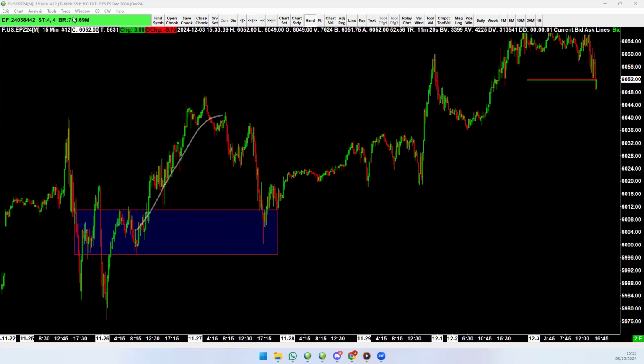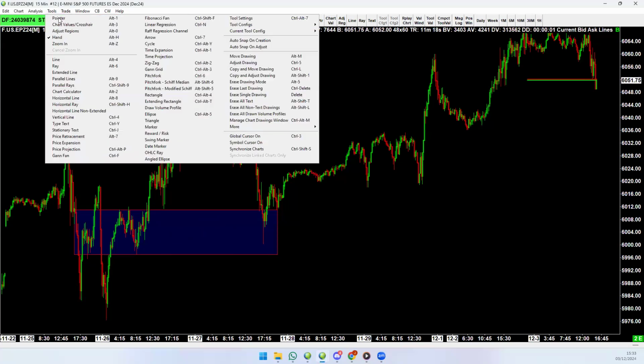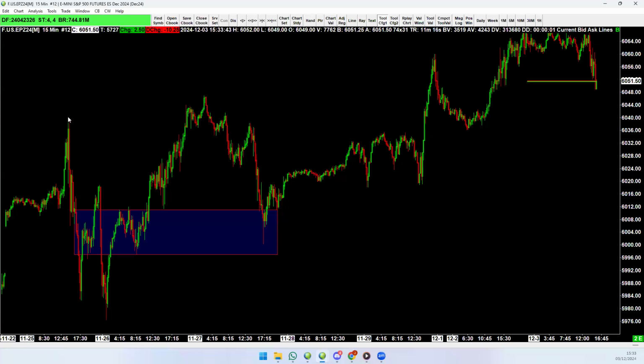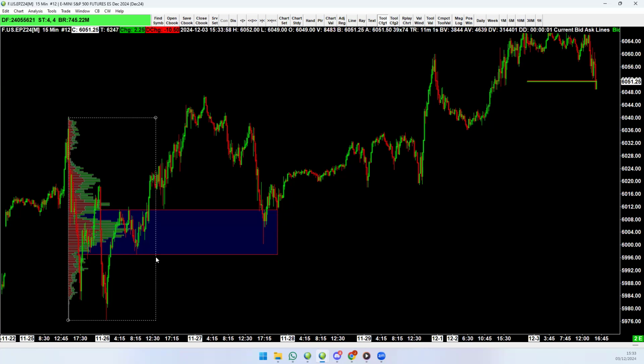Okay? So if I drew a volume profile and I went like this and I start drawing this volume profile, as the market falls, you'll see the volume start to build out in this blue box. Do you guys see that? There's the volume building out in that blue box.